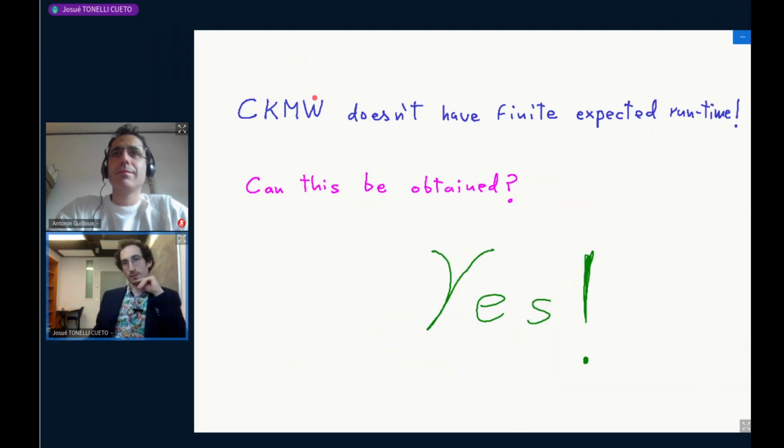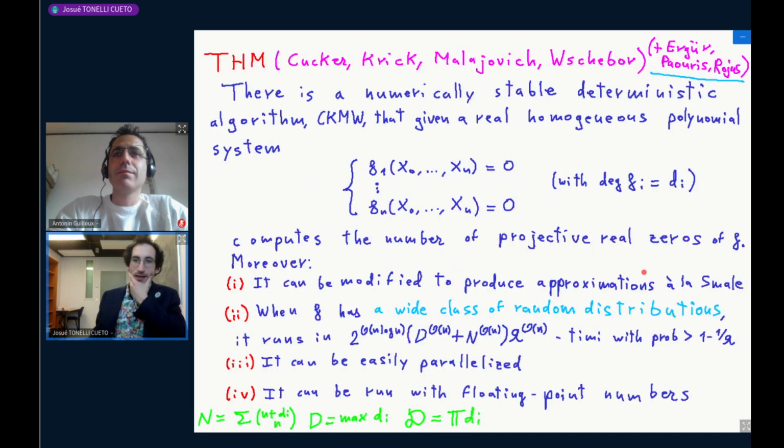So the main point here is that the CKMW, so the algorithm by Cucker, Krick, Malajovich, and Wschebor, doesn't have finite expected runtime. So going back to the slide, you have like this R to this. If you try to compute the expectation of this quantity, one will realize that this quantity doesn't have finite expectation. So you cannot bound it by a finite expectation. You will get infinity.